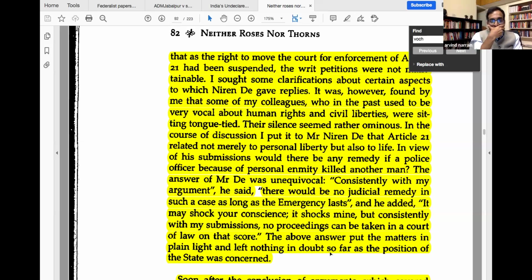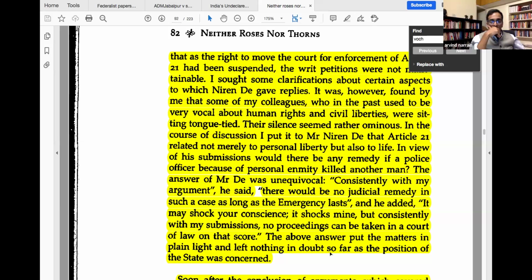In the course of discussion, I put it to Mr. Nirinde that Article 21 related not merely to personal liberty, but also to life. In view of his submissions, would there be any remedy if a police officer, because of personal enmity, killed another man? The answer of Mr. Nirinde was unequivocal.